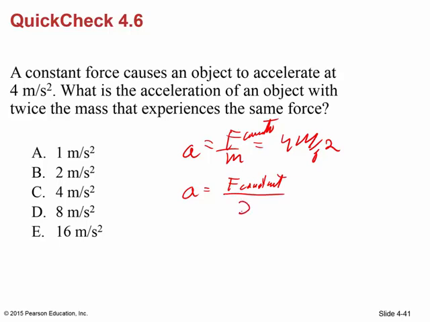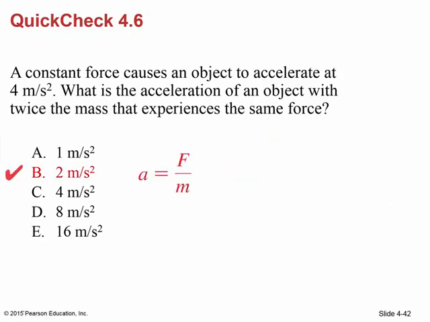Now we got 2m. Well, it's 1/2, isn't it? So it's actually 1/2 what it originally was. What was the original? 4. 1/2 of that would be 2, right? And it's right. That's how you do it.